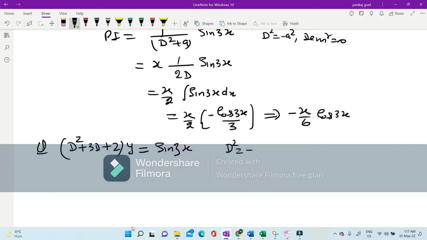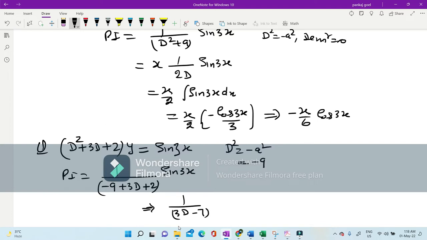Here d square equal to minus of a square, that means minus of 9. What is PI? In this case we can replace d square with minus 9 plus 3d plus 2, and this sine of 3x. We get from here, as stated in the method, 3d minus 7. So rationalize this one.